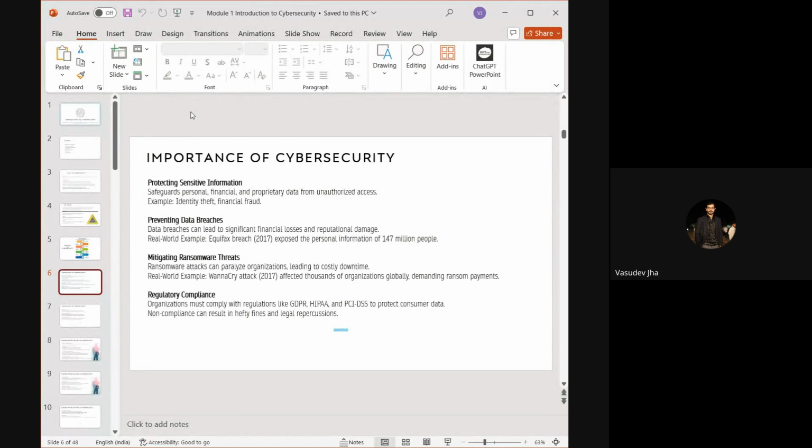Whenever you are dealing with data, we have some laws, rules and regulations that we need to follow. Otherwise, our license will be cancelled or we are not allowed to operate. For that, we have compliances and regulatory policies. To fulfill those requirements, we also require cybersecurity professionals. We have specific regulations like GDPR, HIPAA, and PCI.